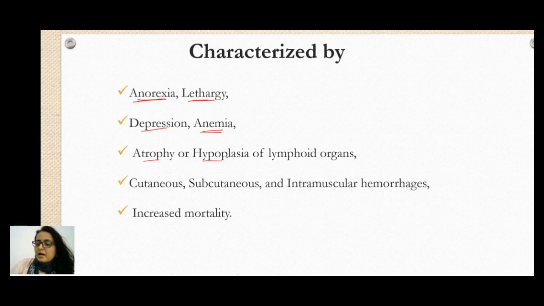Atrophy and hypoplasia of the lymphoid organs occur, and cutaneous, subcutaneous, and intramuscular hemorrhages also occur. Mortality increases: normally 2 to 4 birds routinely die in a flock, but the mortality begins to increase.